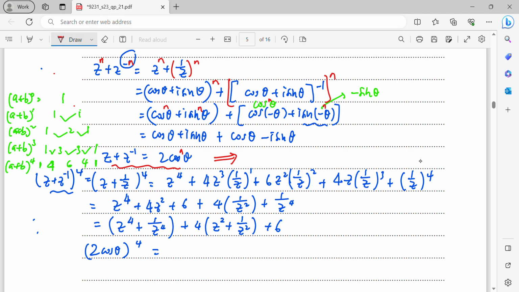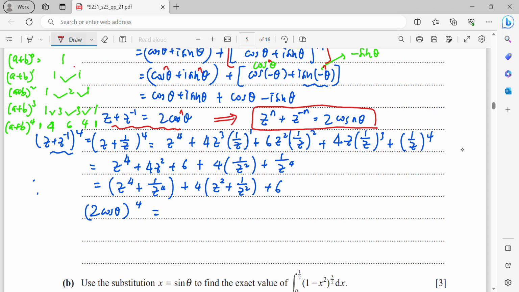So which means now I will get another important result, which is z to the power n plus z to the power negative n equals 2 cos n theta. Okay, this is my important formula.